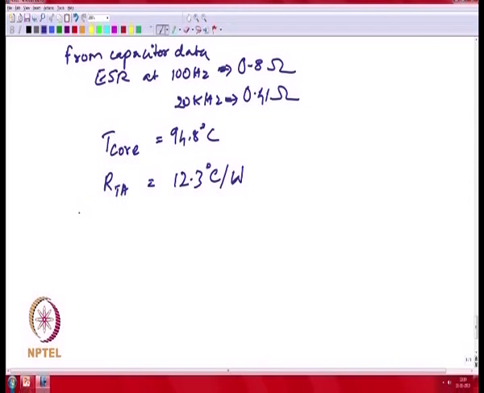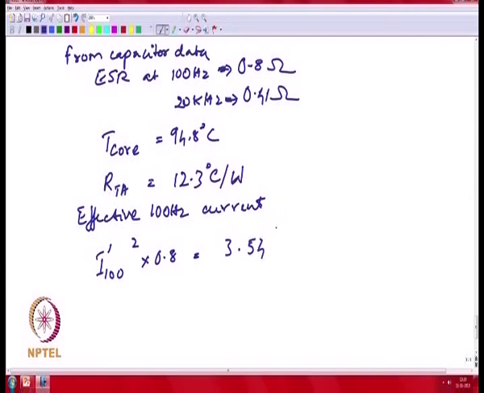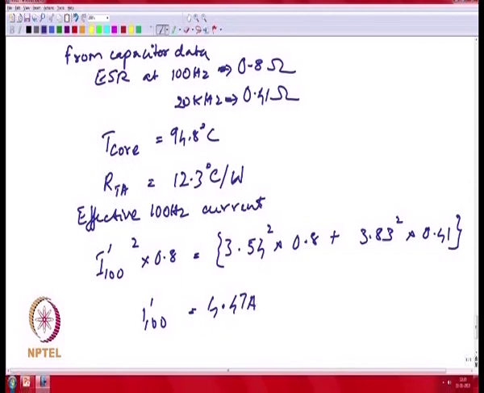So, effective 100 hertz current: 3.54 is the 100 hertz ripple plus 3.83 is the switching frequency ripple. So your I100 is 4.47 amps.